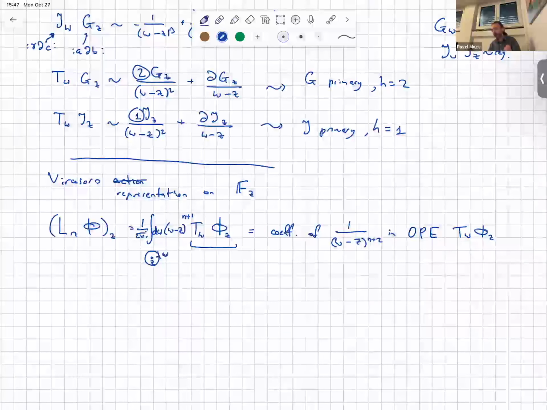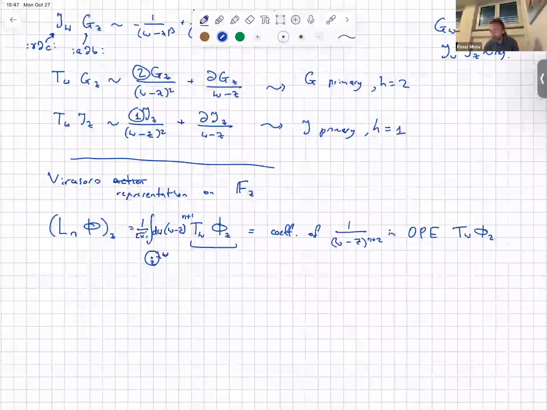So you just look at this OPE, and depending on which n you are interested in, you might be looking at the singular part of the OPE if n is, let's see, if n is greater or equal than -1, then you're looking at the singular part of the OPE.